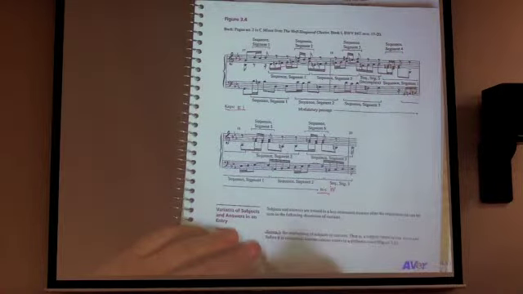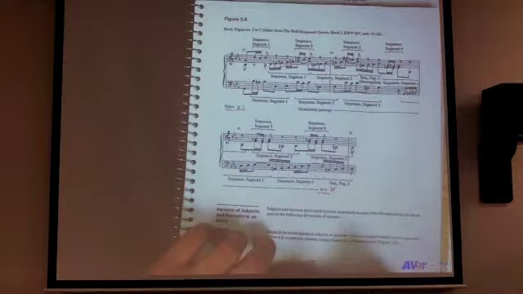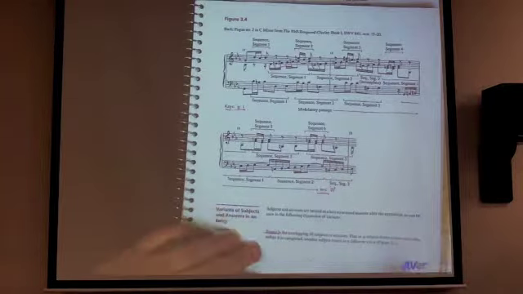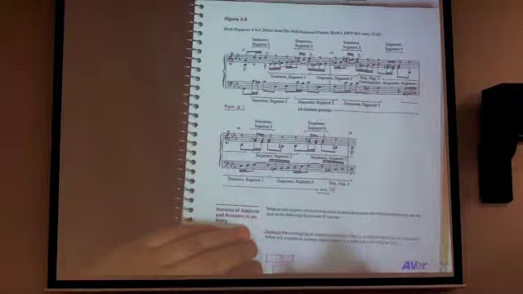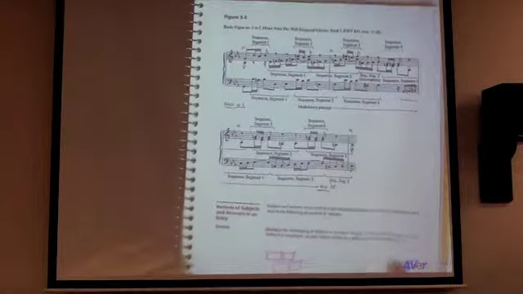So instead of having a full subject and then waiting until the answer comes in and plays in full before another subject comes in, what happens is you'll get the subject and then the answer kind of comes in while the subject's still going. Counter subject happens here, right? And this is called stretto. So the subjects and answers will be layered on top of each other.